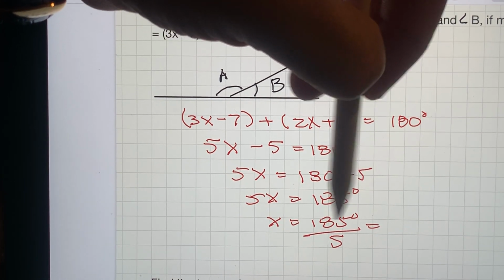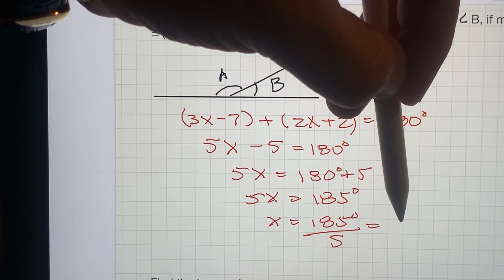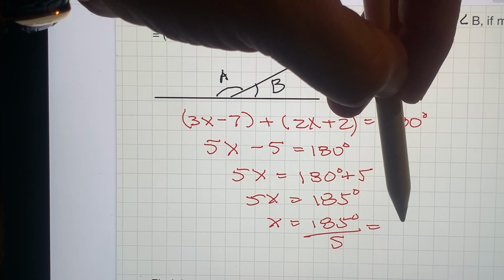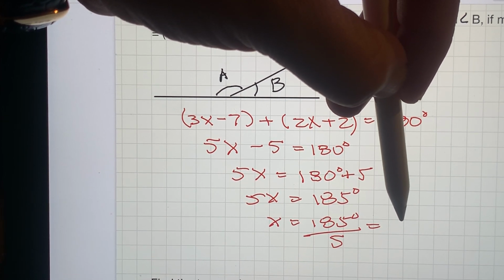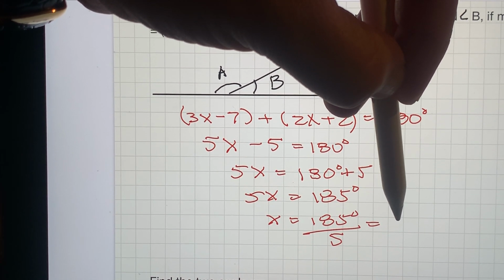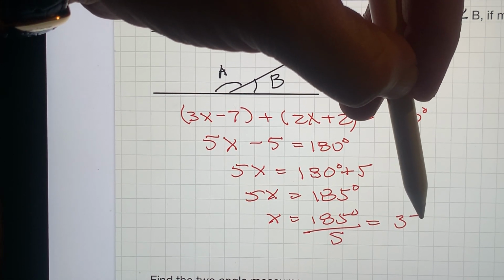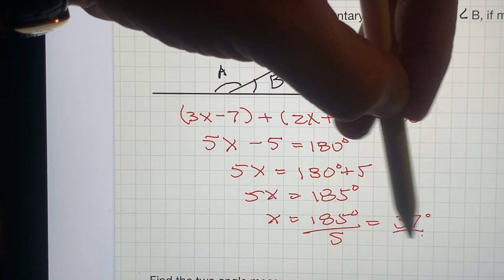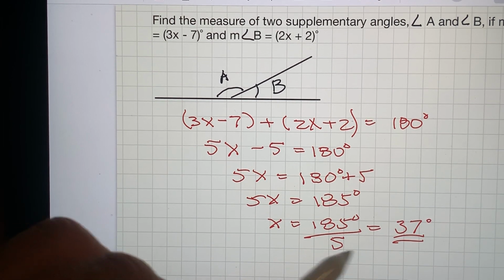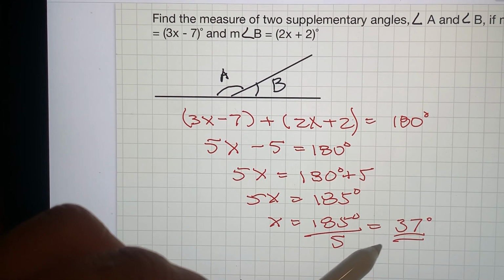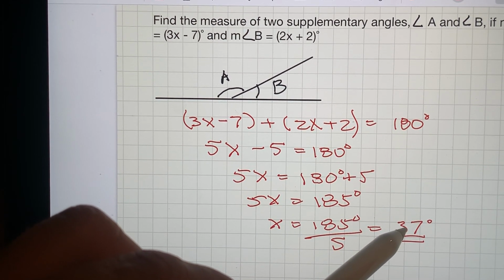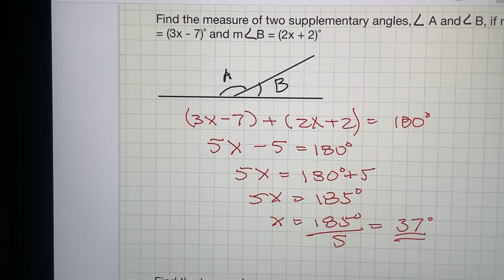Let's see, 3 times 5 is 15. You carry 3, that's 35, 37 degrees. Let's see if that's true. 5 times 7 is 35. You carry 3. 15 plus 3 is 18. So that's the correct answer for this.